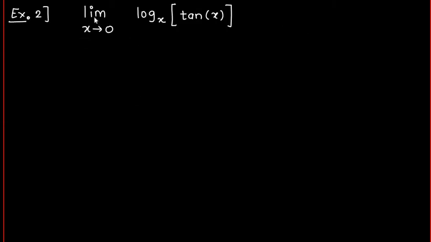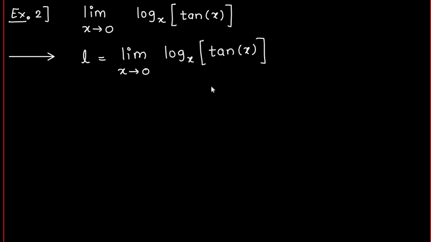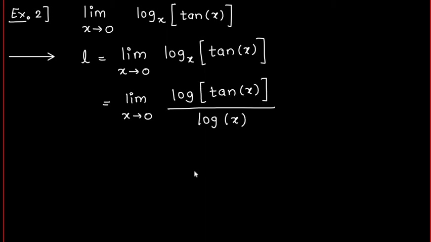Evaluate the limit of the function log to the base x of tan x as x tends to 0. Let L be the required limit of the given function. To simplify, using the change of base formula, we can rewrite the function as log of tan x upon log of x.